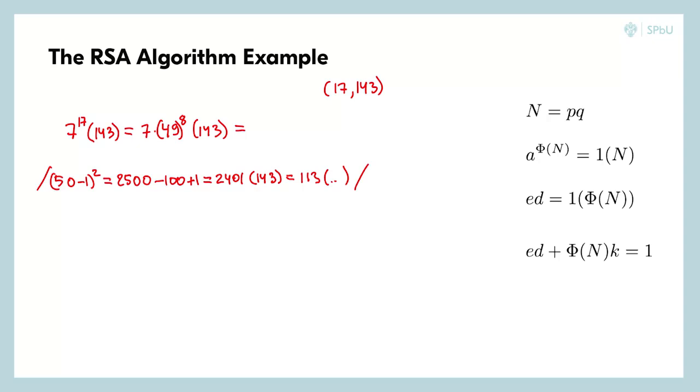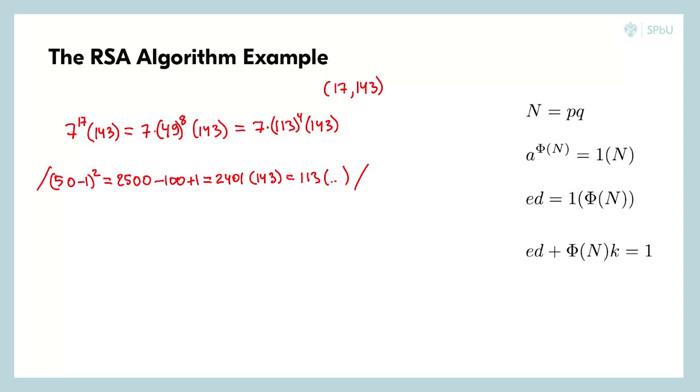So instead of 49 here, we can multiply 7 by 113 in the power 4 modulo 143.